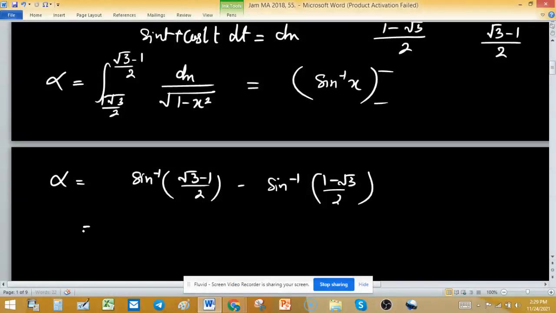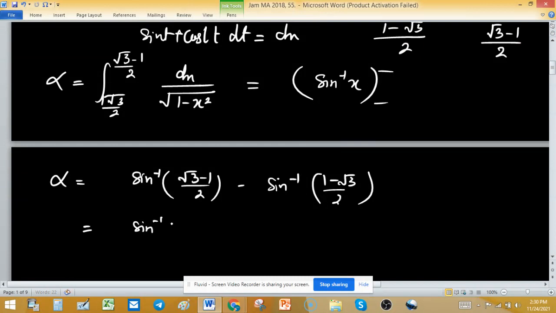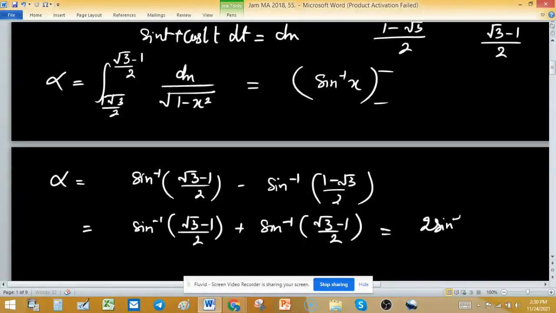Take the negative as common, so this one will be equal to sine inverse of root 3 minus 1 upon 2, and this one is the same as sine inverse of root 3 minus 1 divided by 2. So this can be written as 2 sine inverse of root 3 minus 1 divided by 2.